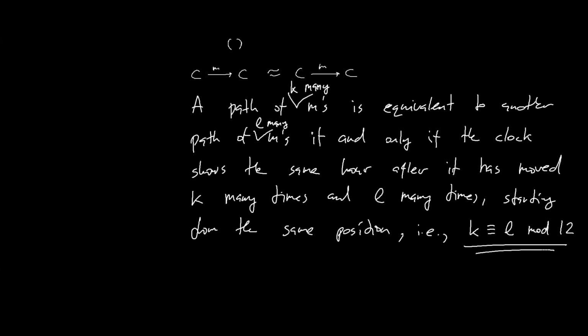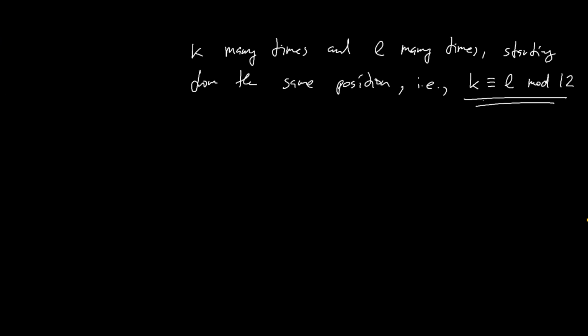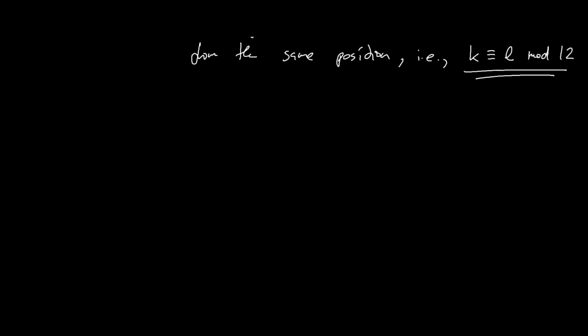Okay. We can now go back to looking at the axioms. Reflexivity. Well, in the case of reflexivity, K and L would be the same value, and of course, a number is congruent to itself modulo 12. So that's fine. Symmetry is also fine. If K is congruent to L modulo 12, then the other way around as well: L will be congruent to K modulo 12, right? Transitivity is also fine. Is congruence fine? So what would congruence mean in this case?